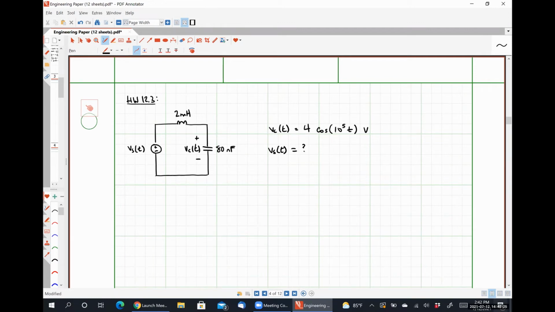So this circuit only has 3 elements in it, and it legitimately might be the hardest problem that you guys have ever seen until we work the next problem that we're going to work. Do any of you have any thoughts about what our approach could be? Or have any idea whatsoever how we might, not the specifics, but just a general idea of how we might solve for Vs of t?